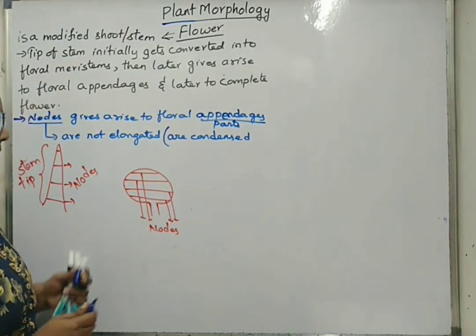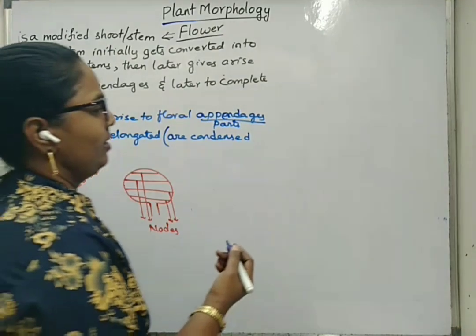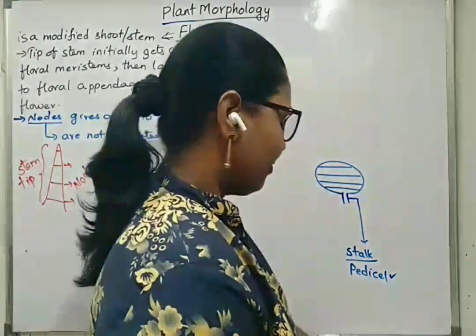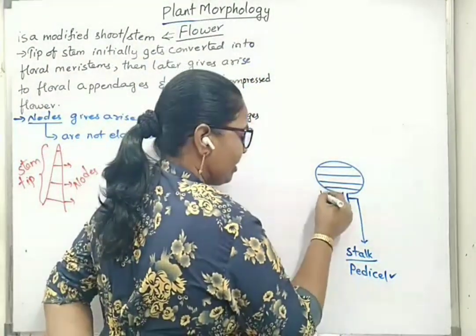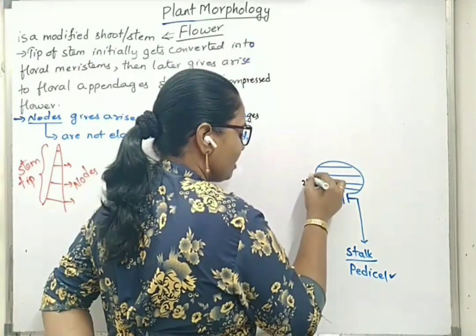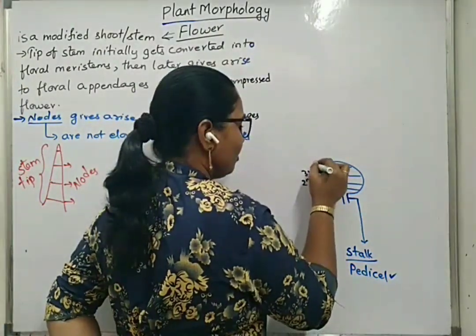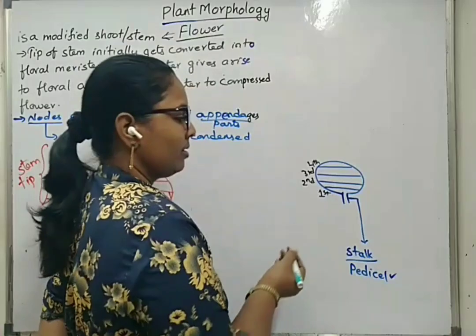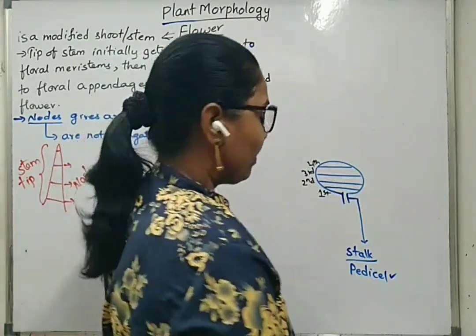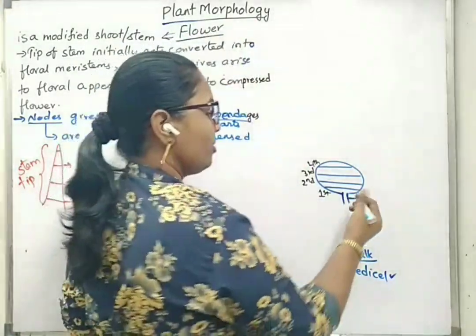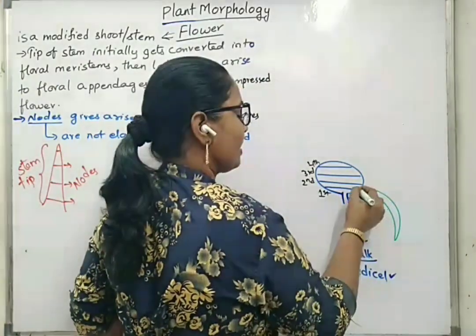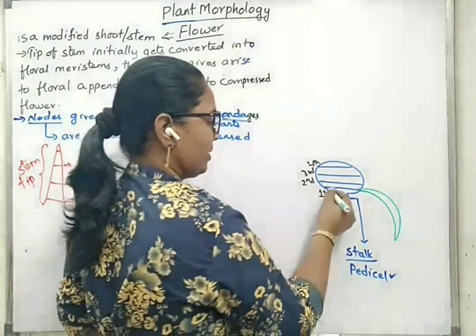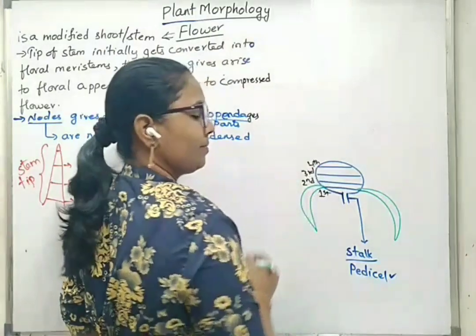So now we will draw the structure of a flower. Here 4 nodes are labeled as first node, second node, third node and fourth node. Counting is from bottom to upper part. The first node gives rise to sepals like this on either side.